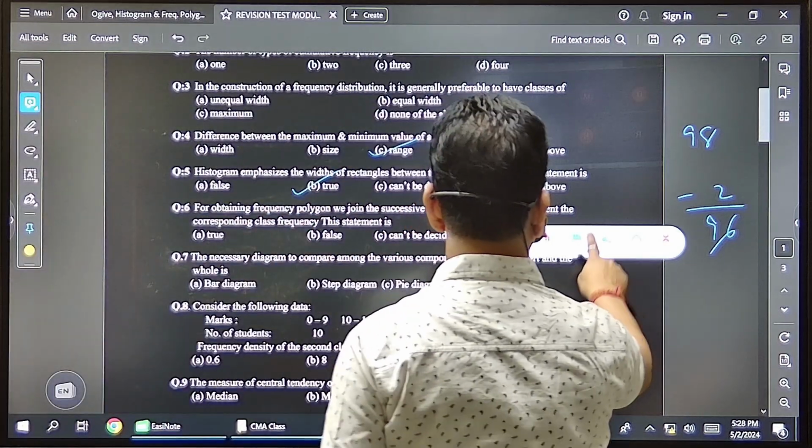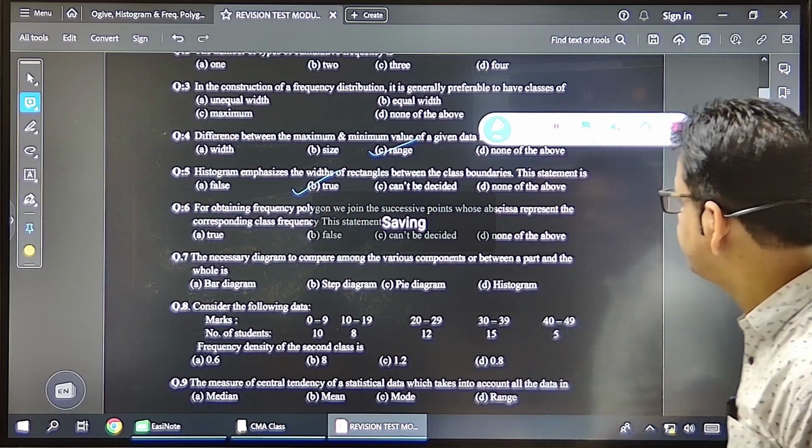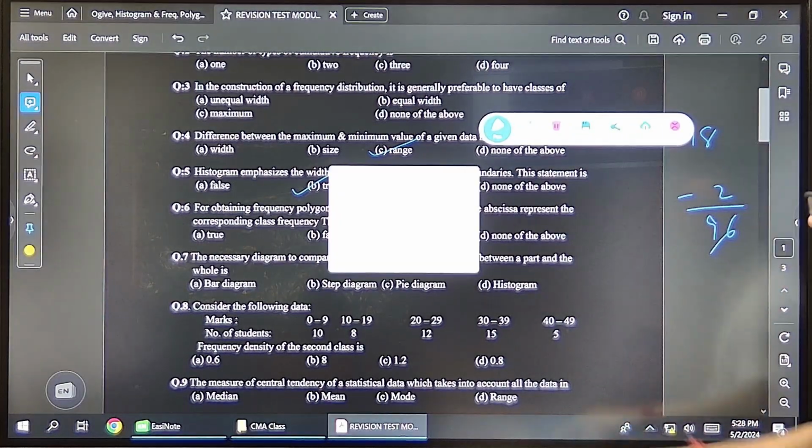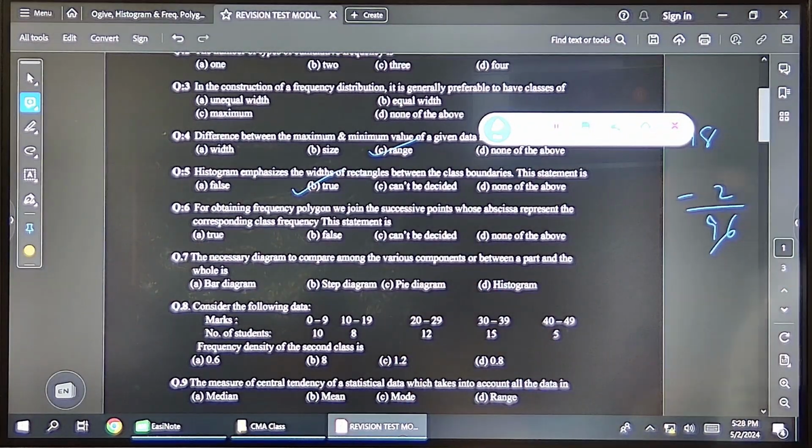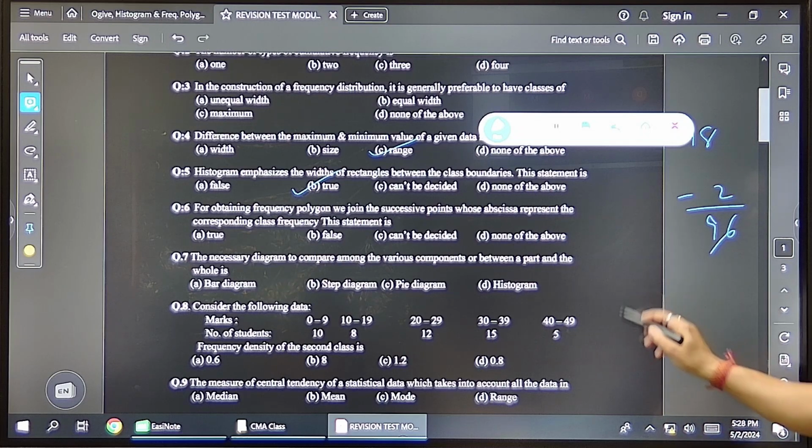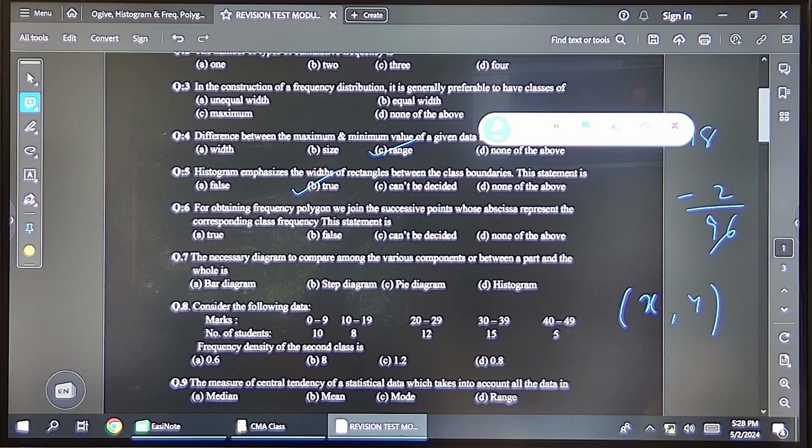Okay, number 6. For obtaining a frequency polygon, we join the successive points whose abscissa represents the corresponding class frequency. Look at this, it was not a difficult one. X, y.